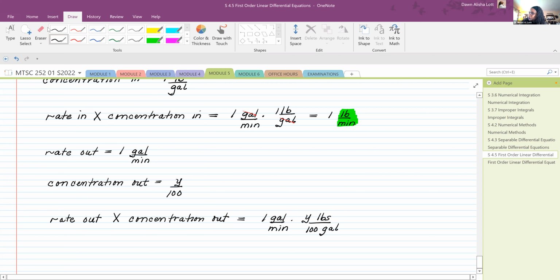And once again, our gallons are going to divide out. And so now I'm going to get Y over 100 pounds per minute. Again, same units.